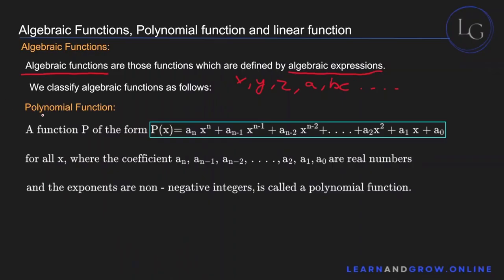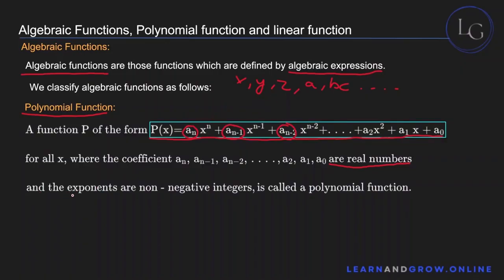One is the polynomial function, right? The polynomial function is represented like this. This is the general way of representing a polynomial function, okay? And these coefficients, the a terms, are real numbers, okay? So they can be anything like 1, 2, 3, 4, 100, 200, any real number.